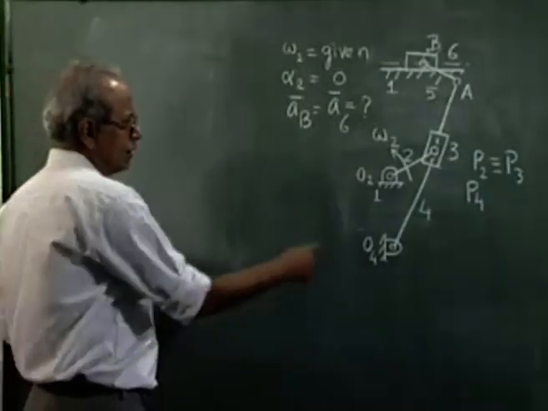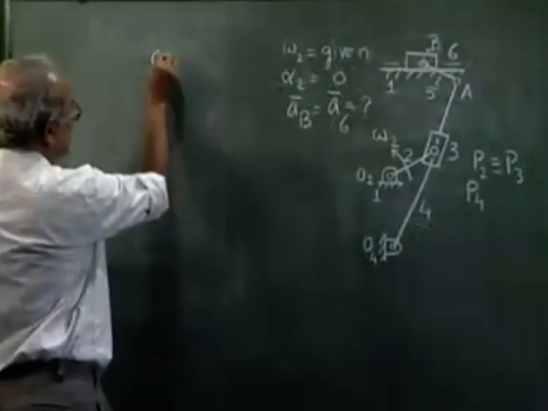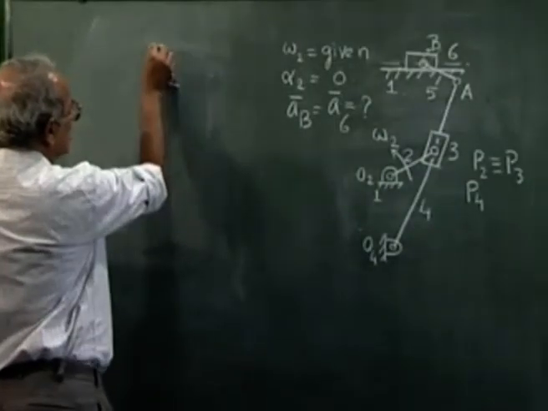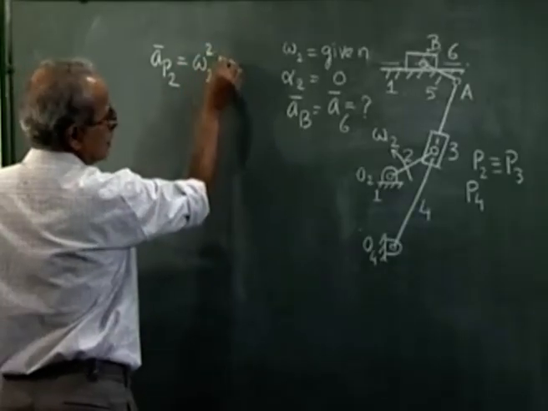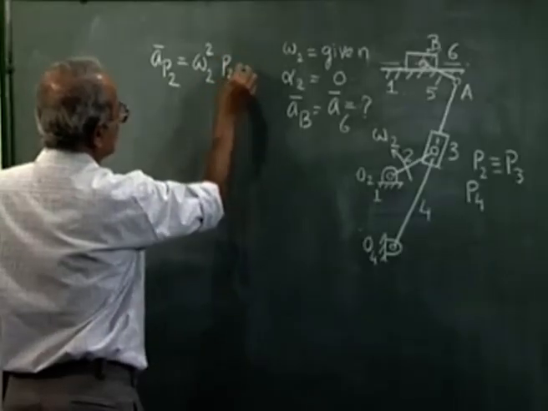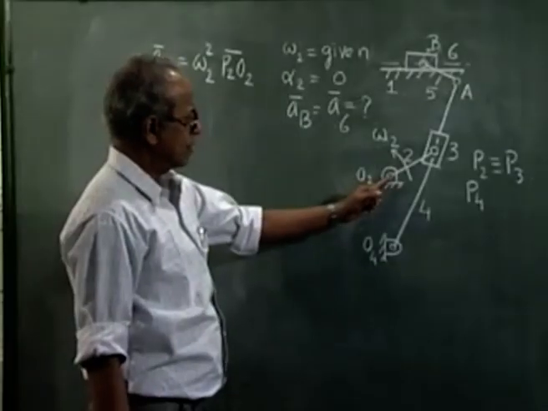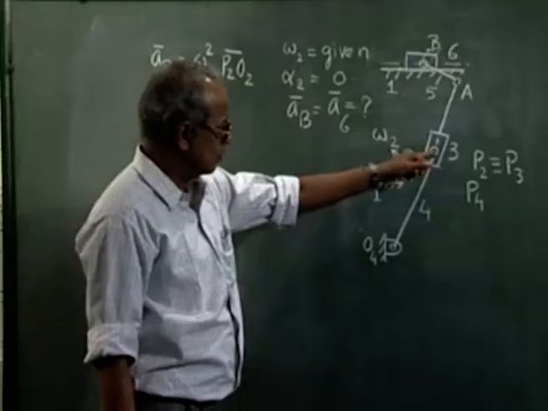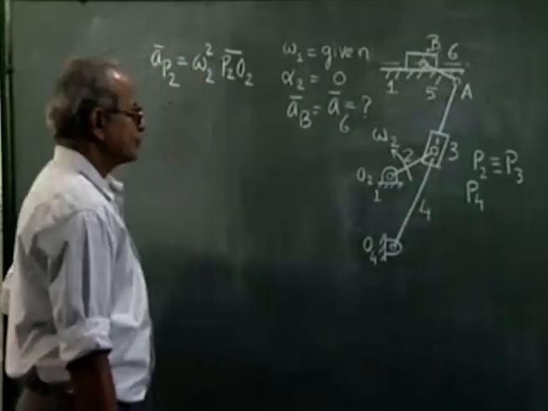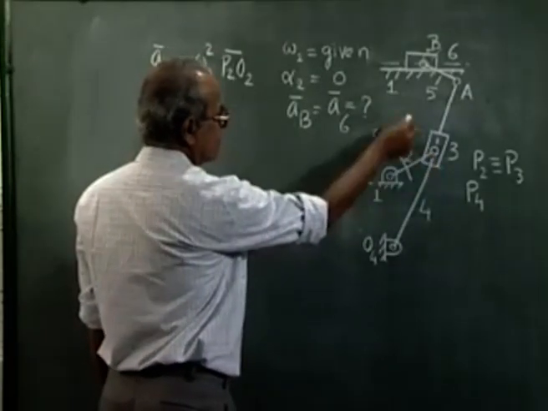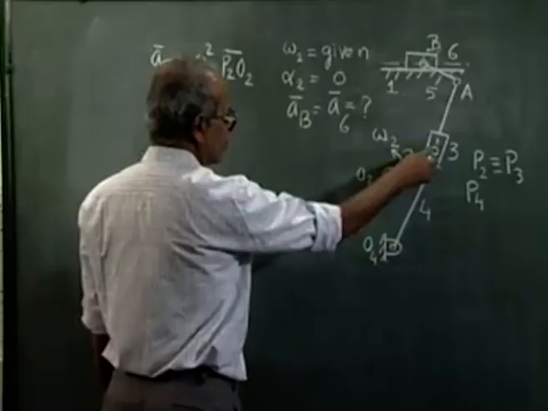So again we consider the coincident points P2 and P4. Now acceleration of the point P2 is omega 2 squared P2 O2, because this point is fixed, so P2 is going in a circle. The acceleration of P2 is towards O2, that is P2 O2, the direction, and omega 2 square. If there is alpha 2, then I will have also a transverse component that is perpendicular to O2 P2, which is alpha 2 cross O2 P2.